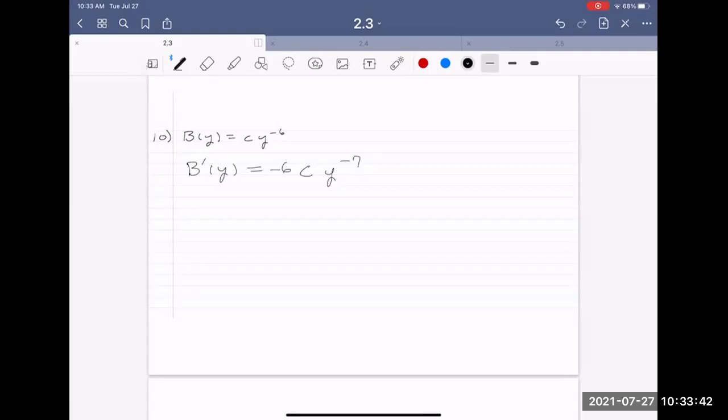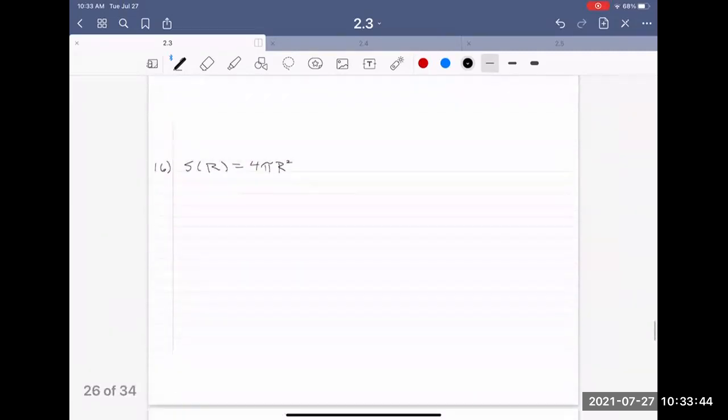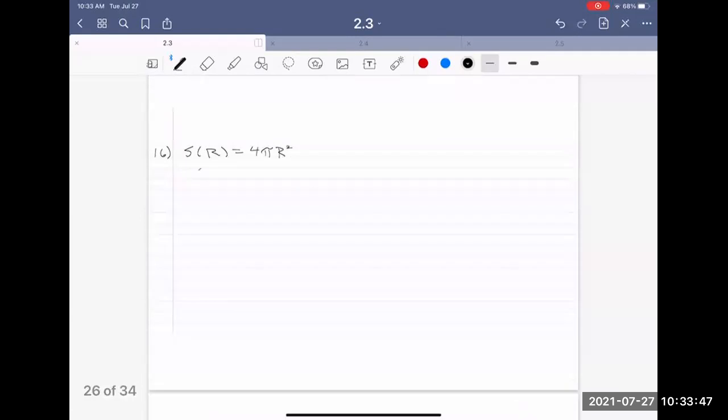Okay. Let's do problem number 16. Four pi is a constant. So the derivative of 4 pi r squared is just 4 pi times the derivative of r squared.